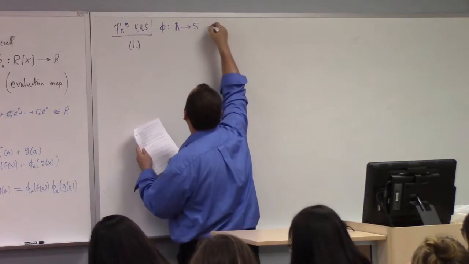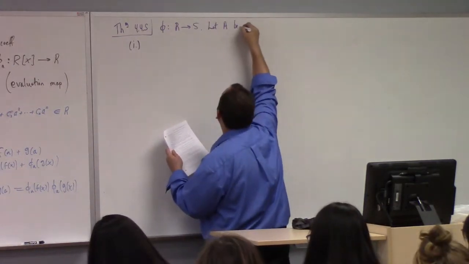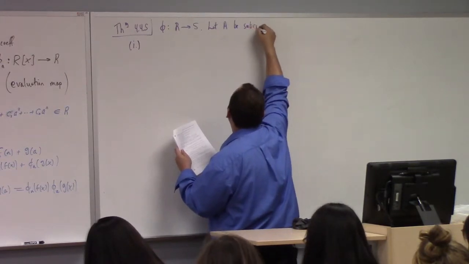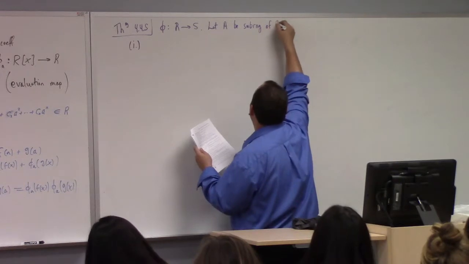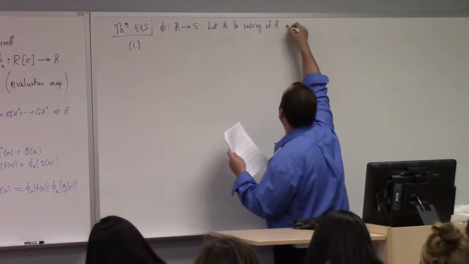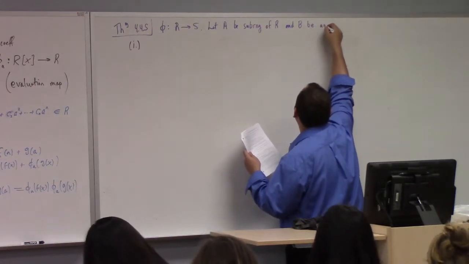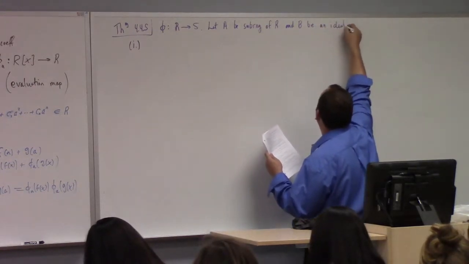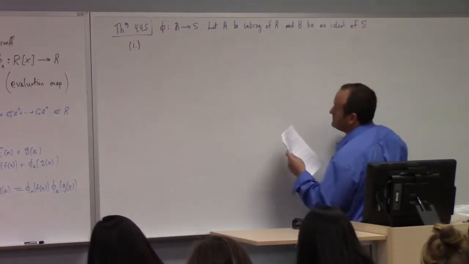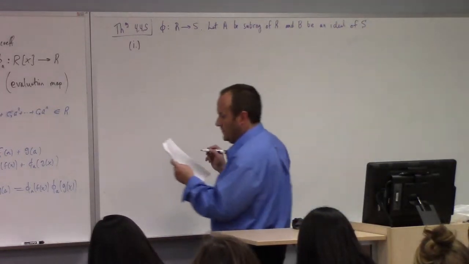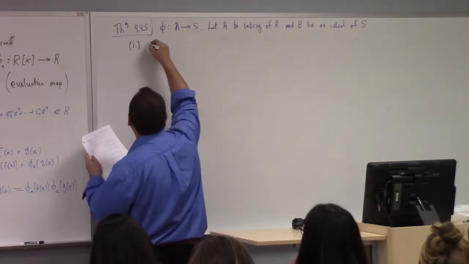And we're going to let A be a sub-rng, not a subring, but a sub-rng of R. And we're going to let B be an ideal of S. And here's our laundry list of things that are true.